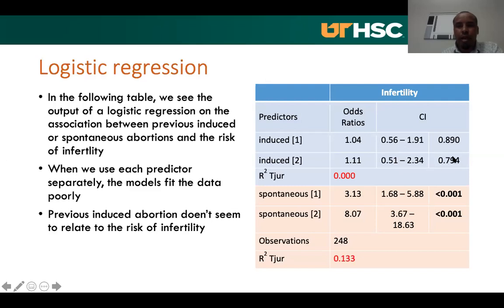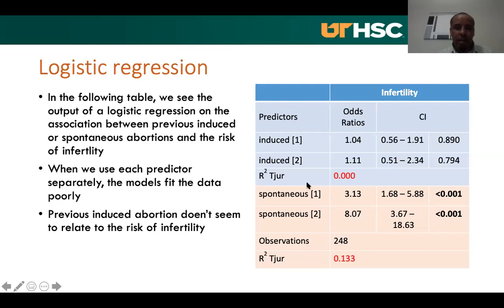And so we can say there is no association between a history of 2 or more induced abortions and infertility. This will change, as we'll see in the coming slides, when we adjust for other variables, and also when we account for the way that the study was planned. We'll discuss that.